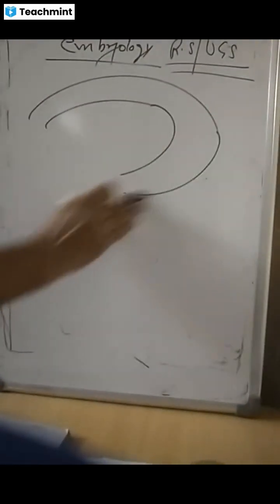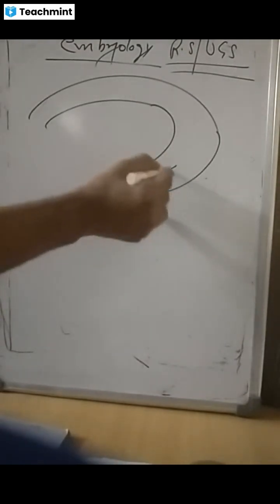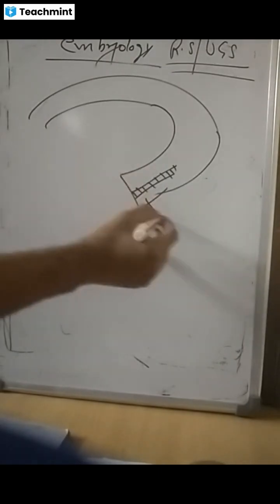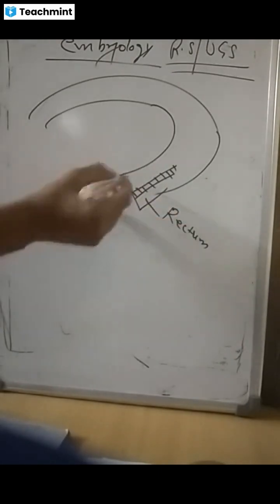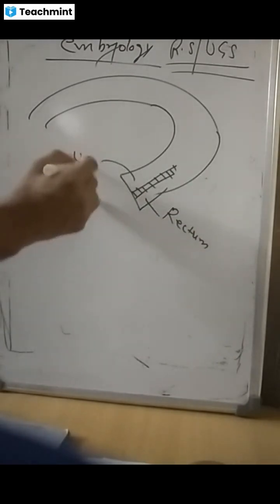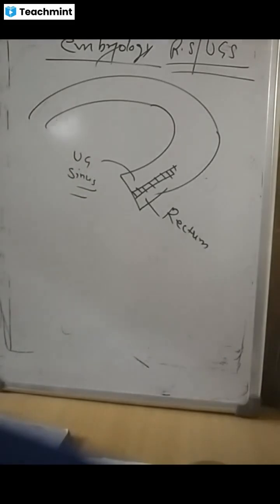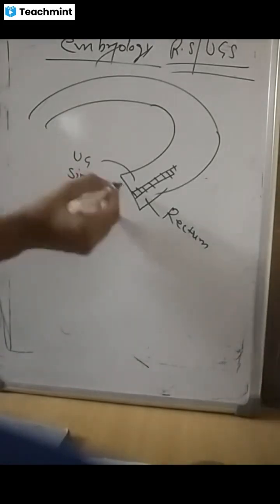So what happens? It is divided into two parts: the future rectum, and this is the urogenital sinus. The membrane is also divided into two.